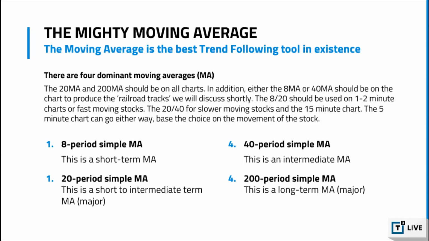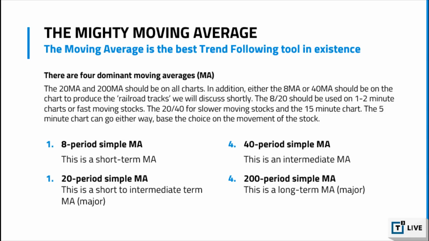So if you were trading the 5-minute chart and you had railroad tracks on it, it will usually be good also on the 15 and the 2-minute time frames. That's why we like to use the 40, because it's double the 20, and it gives us those nice railroad tracks.